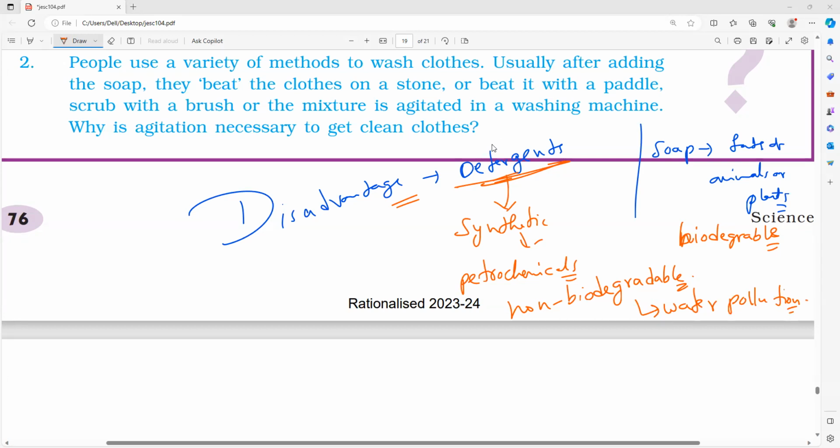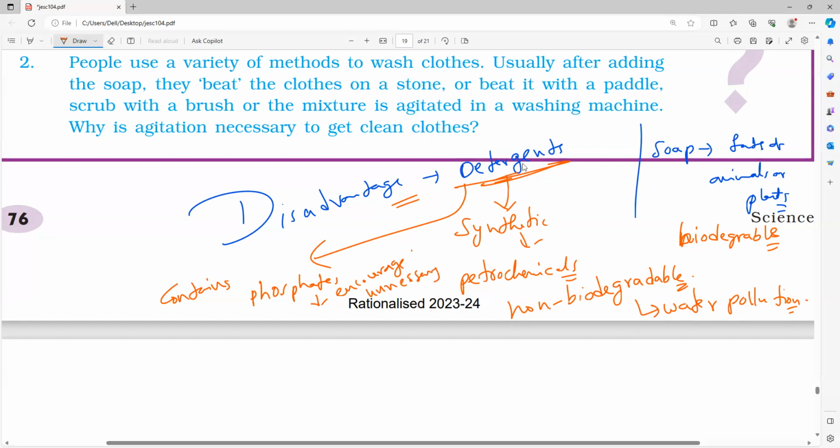And also remember, these detergents contain phosphates. The phosphates will encourage the growth of unnecessary plants if you give it to the land. That is the major problem. What do we call unnecessary plants?